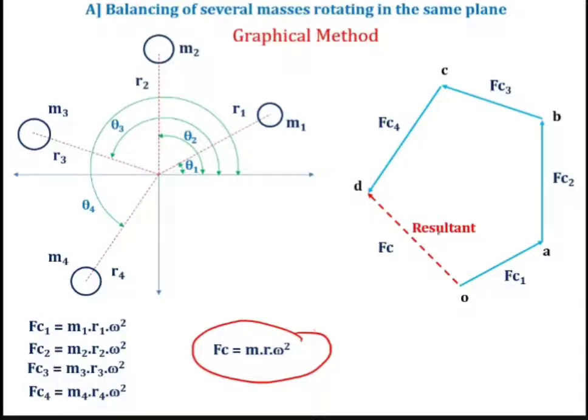From this polygon, I am getting the magnitude of this resultant force as well as the direction of this resultant force. What is the direction? Direction is given by vector OD bar. So vector OD bar represents the direction of the resultant, and Fc equal to m r omega square represents the magnitude.